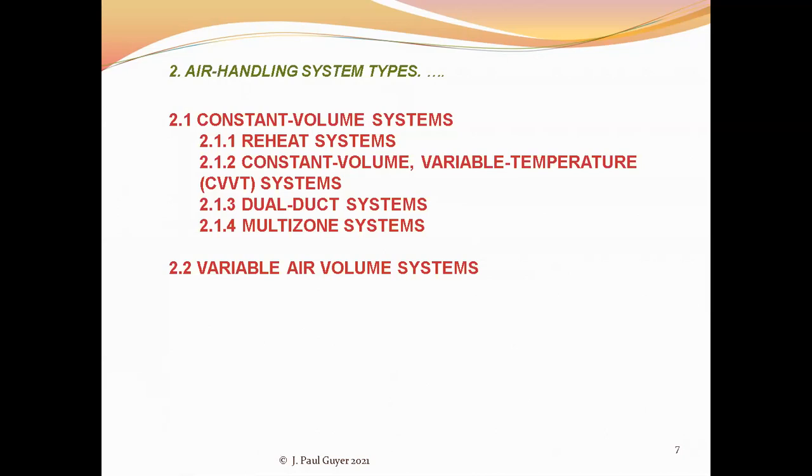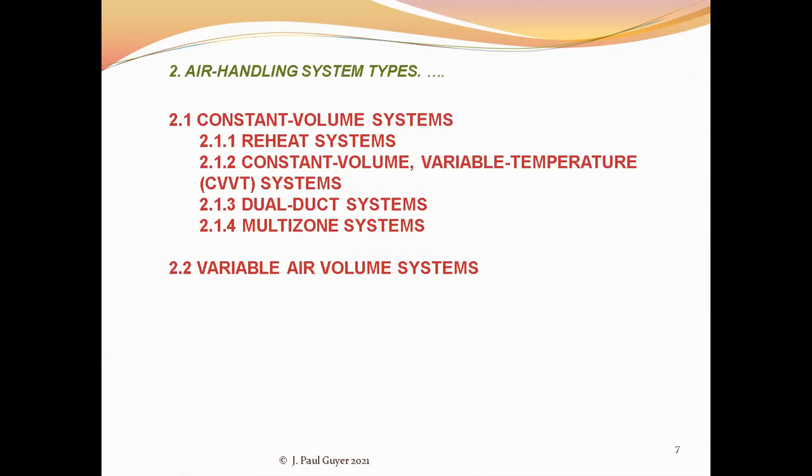And then there are dual duct systems, which there are still ones around. And with a dual duct system, you've got two ducts running in parallel, one of which contains cold air and the other that contains warm air.